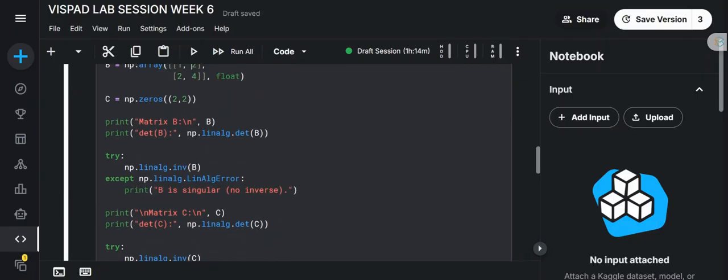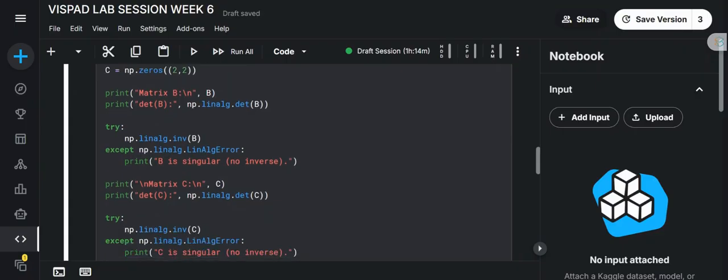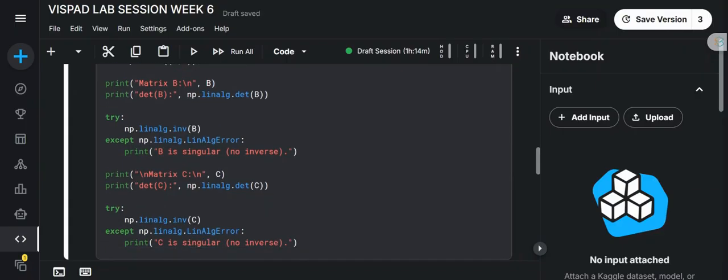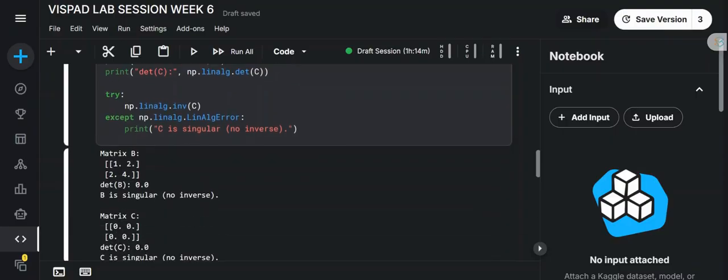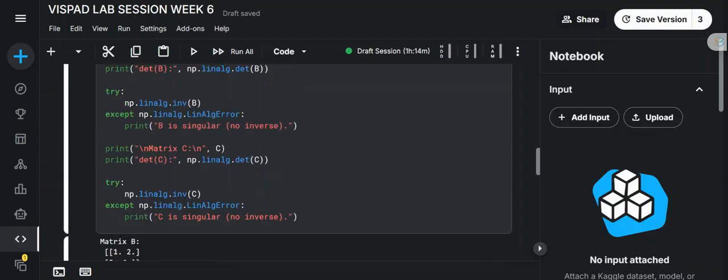First we try finding the inverse of matrix B using the dot inv method. Since B may be a singular or non-invertible matrix, we are going to get some kind of error, and it's given over here.